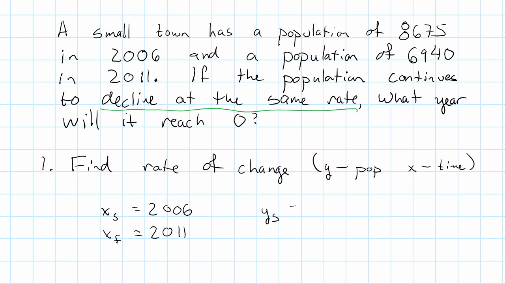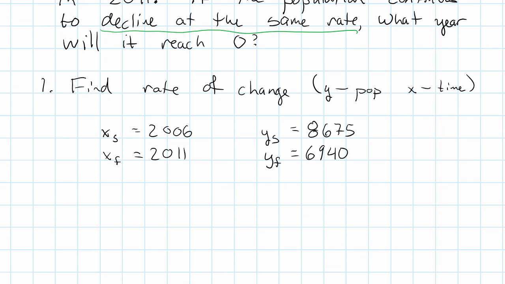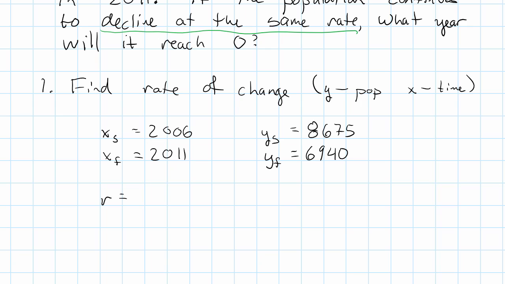The starting population is 8675. The final population is 6940. So our rate of change is going to be the change in y, 6940 minus 8675, over the change in x, 2011 minus 2006.